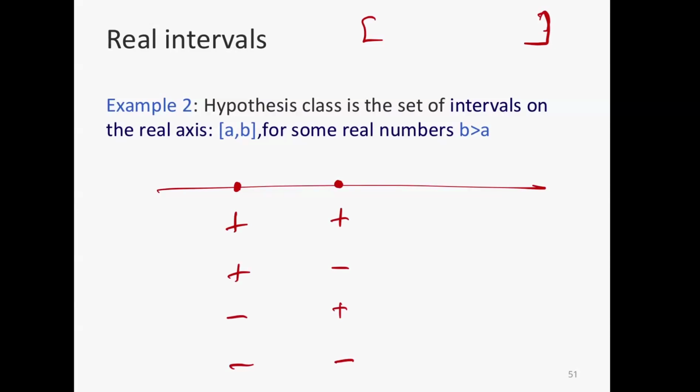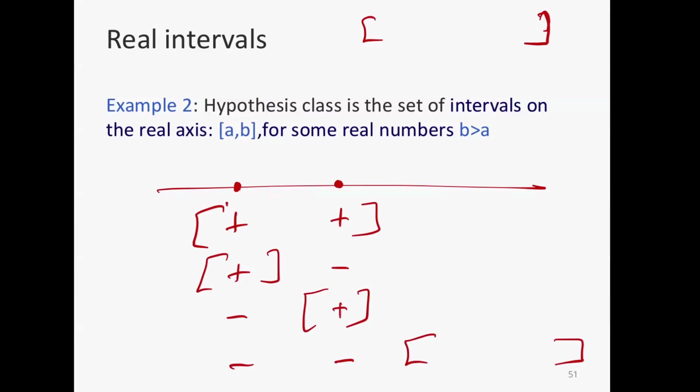For every one of these labelings, I can find a function. If the 2 points are both labeled plus, I'll put the interval around them. If one of them is labeled a plus, I'll just cover the plus alone. If neither of them are labeled a plus, I'll keep the interval outside. No matter how these 2 points are labeled, I can match it. But isn't that cool? By the way, this means 2 points can be shattered.